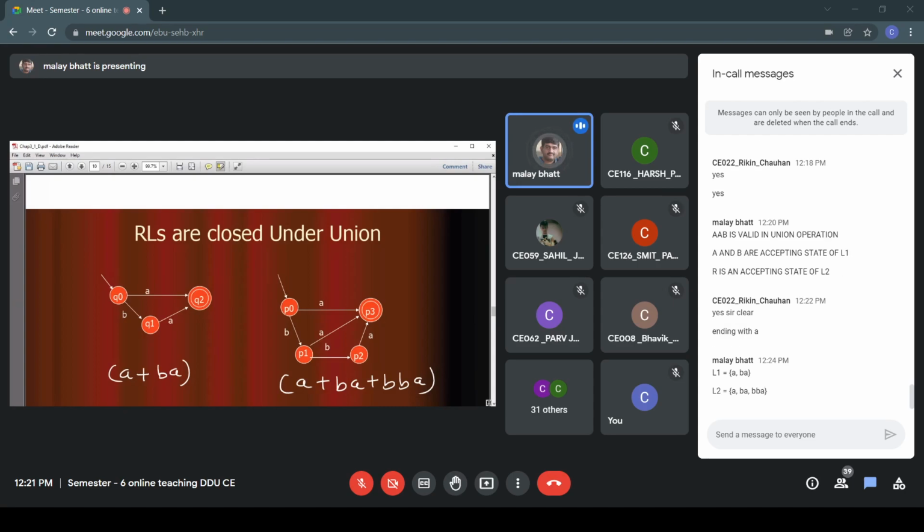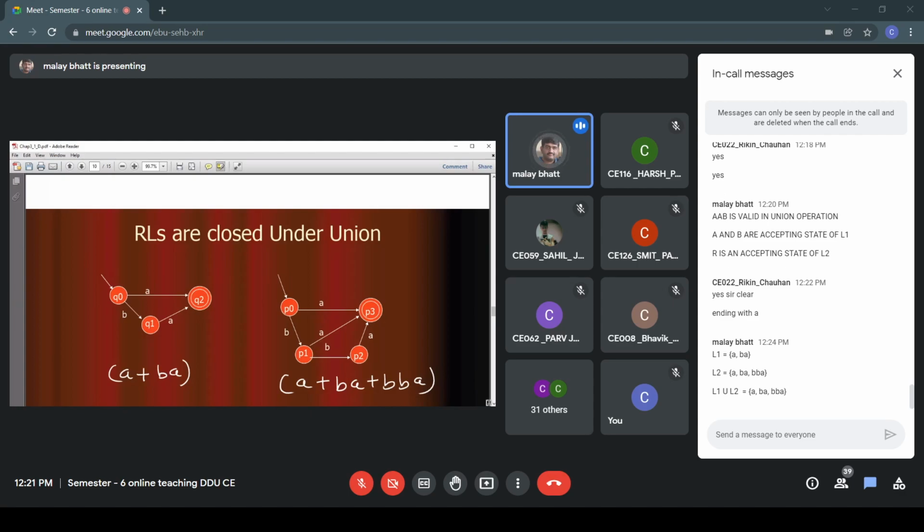When you perform L1 union L2, it should be A, BA and BBA, because it is a union of two languages. It is always a superset.